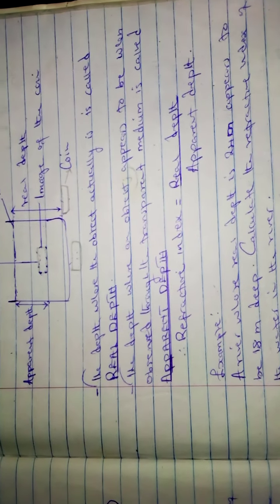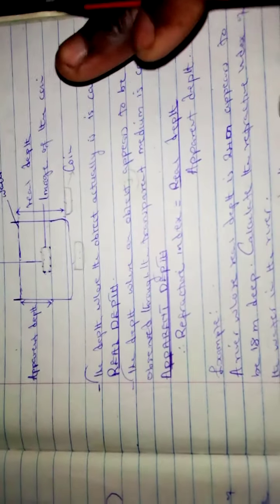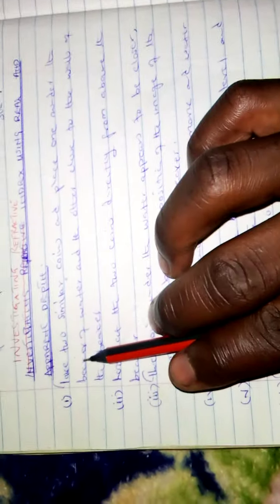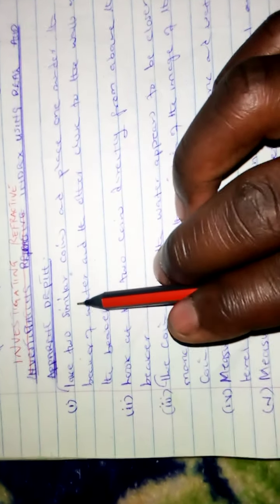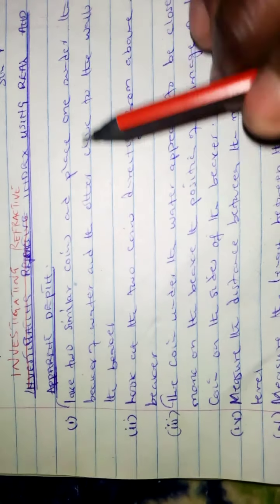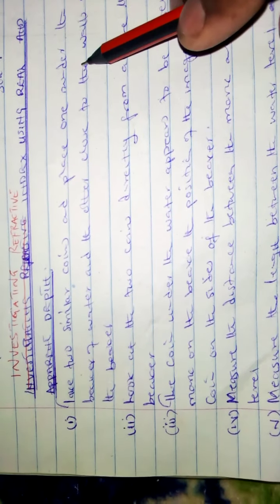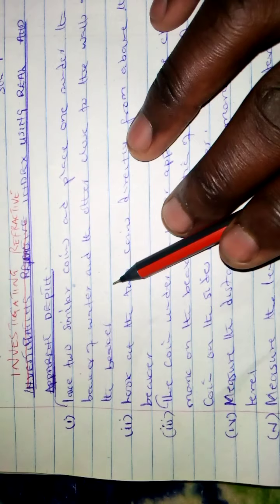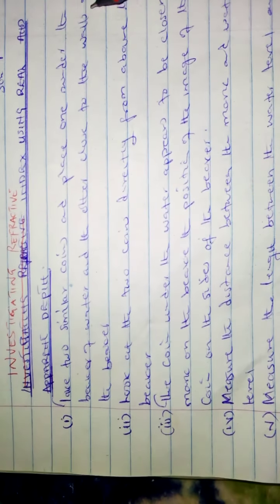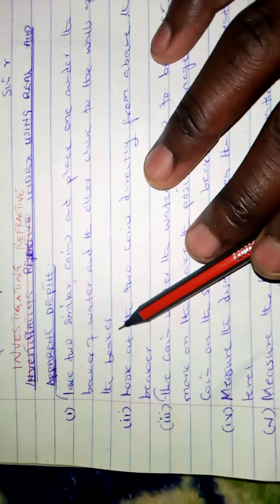So to help you understand better on this, quickly we can go through the procedure. So the first one is to take 2 similar coins. Take 2 similar coins and place one under the beaker of water and the other close to the wall of the beaker.